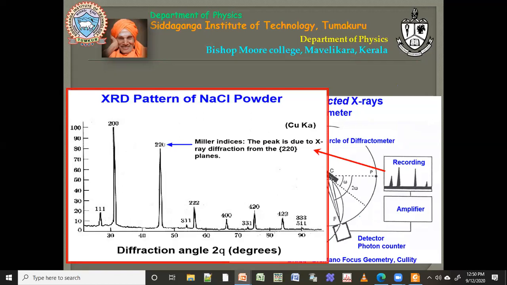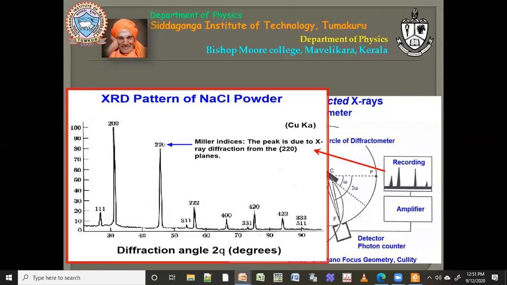Sir, there is a question from Swati: speaking of phase purity, can a sample with a single phase be called a pure compound and a sample with multiple phases be called an alloy? It's very difficult.